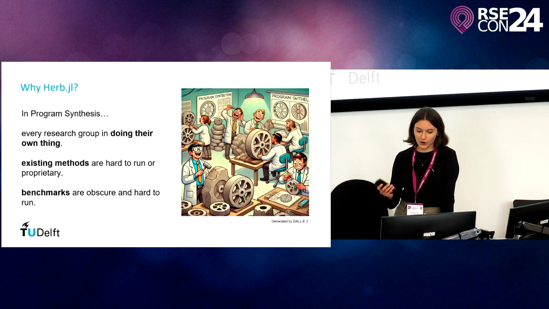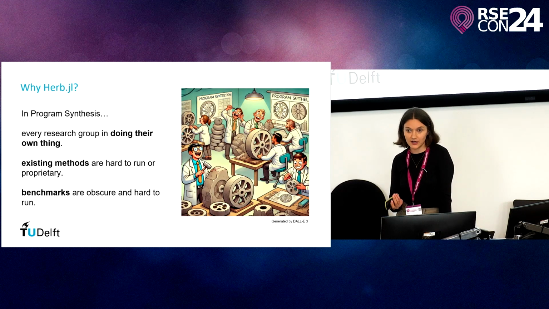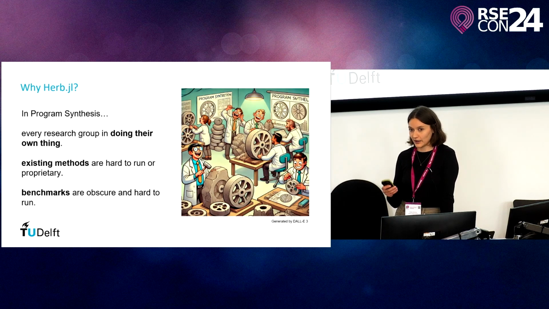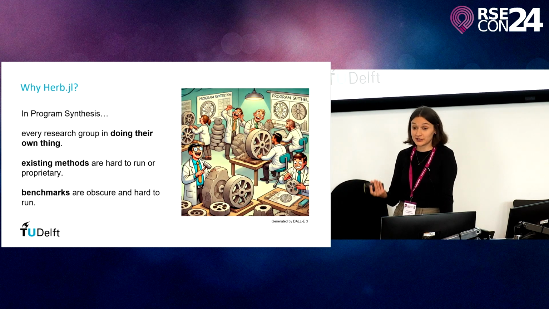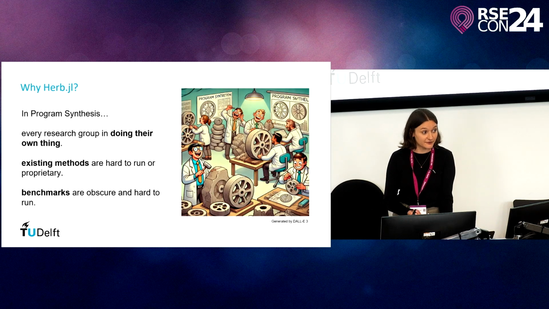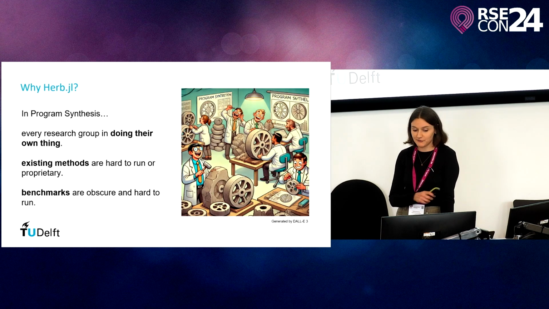So hopefully now we have a rough idea of what program synthesis is and what it's used for. The question is now, why Herb? Why this Julia library? To put it mildly, the field of program synthesis is a mess. It's been around since the 60s, so it's one of the more classic fields of AI, but every research group is doing their own thing.